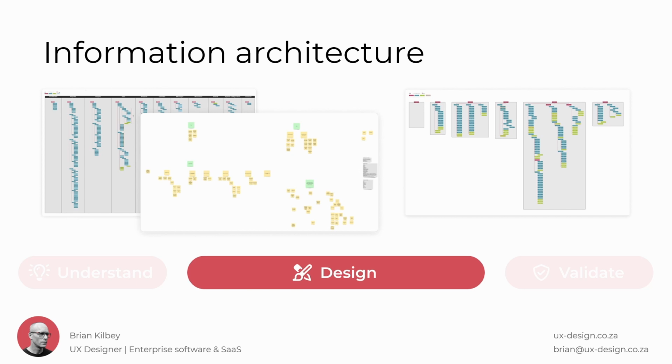User journeys and information architecture can happen simultaneously as well. They're not necessarily sequential. Information architecture, we want to get a system navigation from a user perspective that is intuitive and matches their existing mental models and their past experiences and their expectations. So one of these pictures is the result of a card sort.